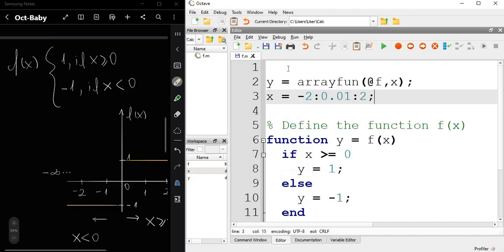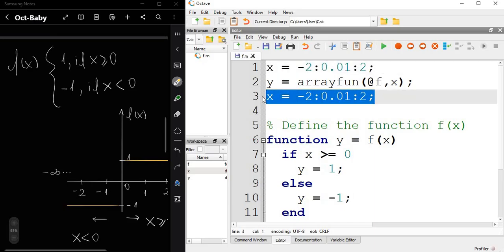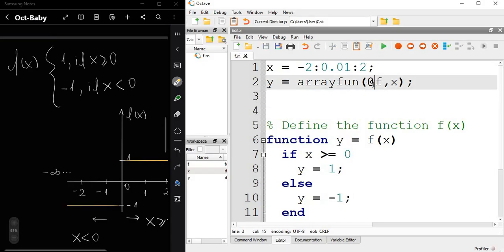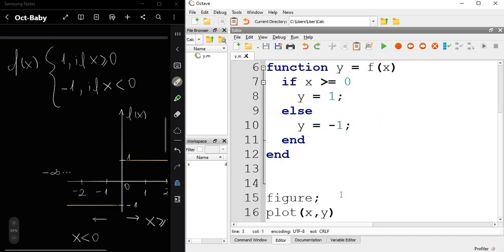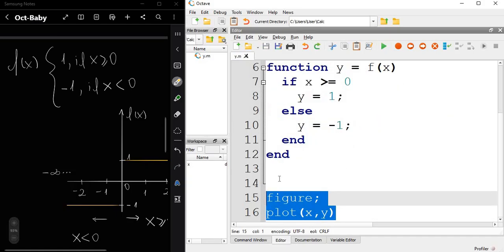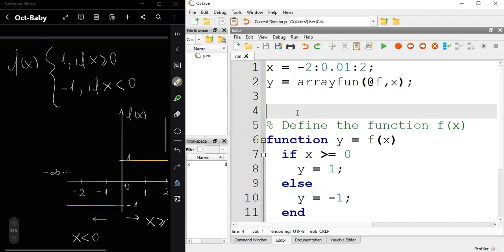Let's see now. It didn't work. Okay, let's keep trying.